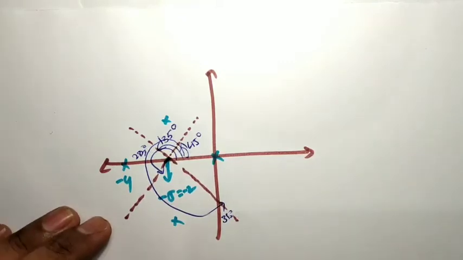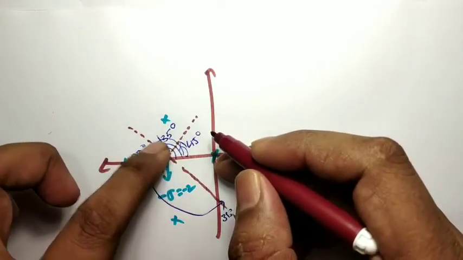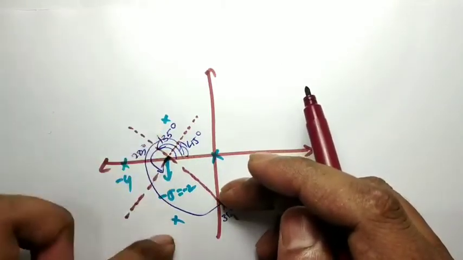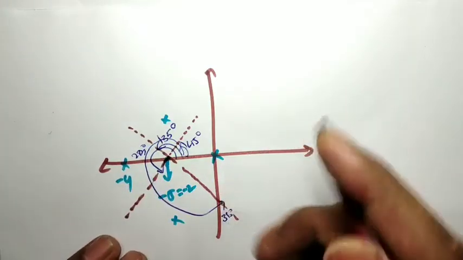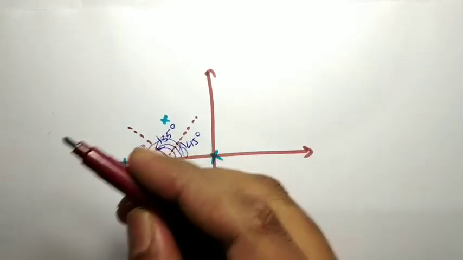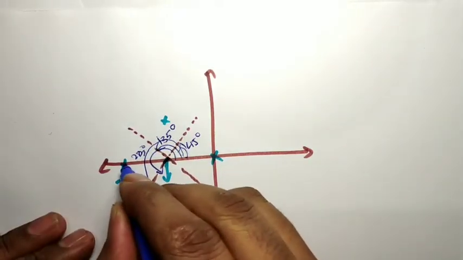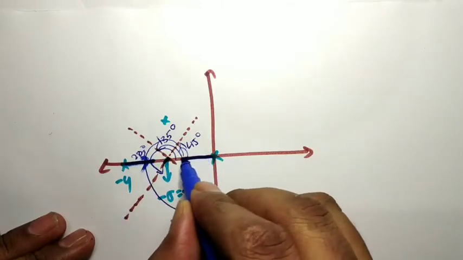So what happened, you got the angles. One root will move in this direction and another root will move in this direction, and it is symmetrical. After the breakaway, one root will move this way. As the k value increases, this root will move this direction and this root will move this direction.